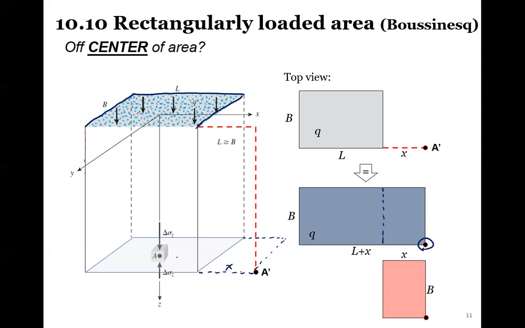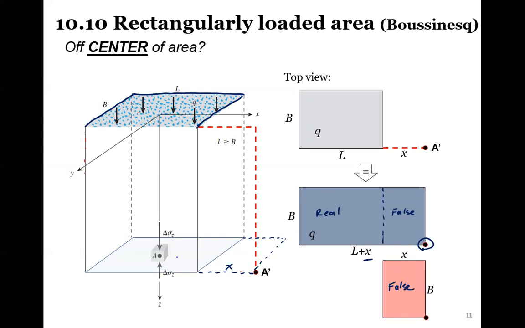Using a combination of these, subtracting out false areas, we can find the stress increase. So again, we have the real area plus the false area, and then we subtract out the false area.